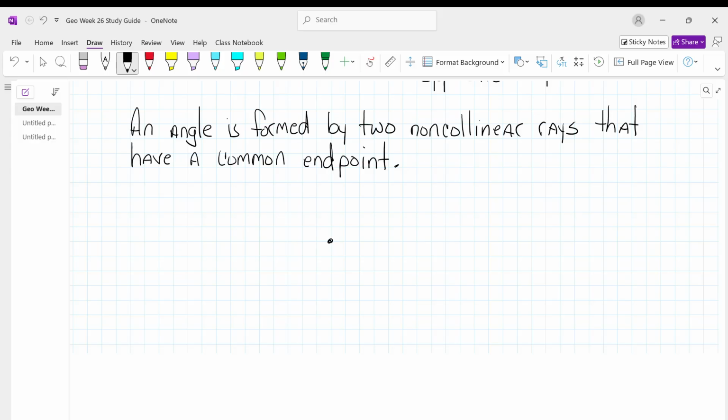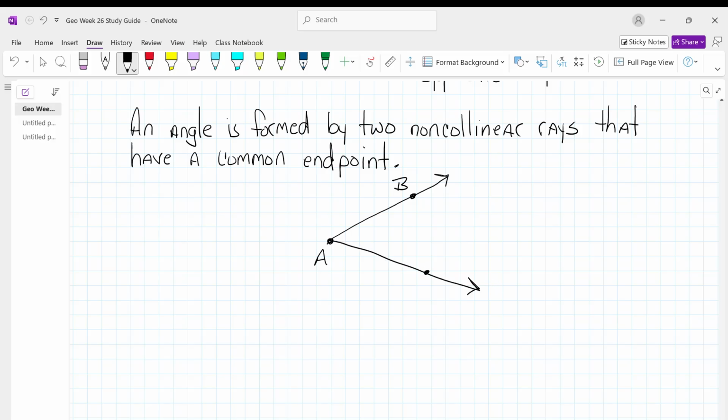So we got a point right here. Call it point A. And then if we take a ray up and to the right at point A, we put point B on it. And then we put our pencil back on point A, and let's go down and to the right.